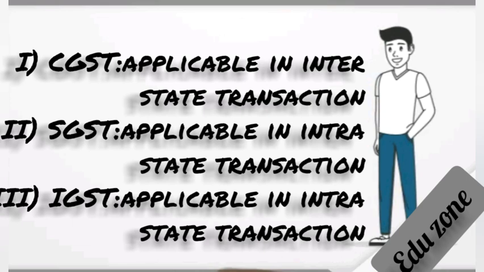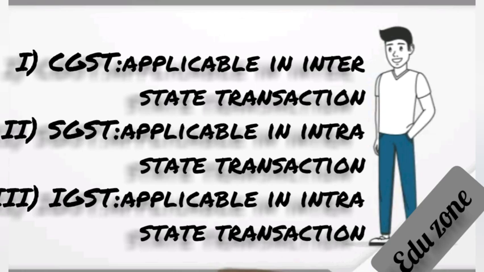And secondly, there are CGST and SGST, the central GST and the state GST. This only comes when the transaction is within a union territory or a state in India. So when there is an intrastate transaction, within the same state, half of the tax goes to each. For example, a sari is 1,000 and the GST is 10%.